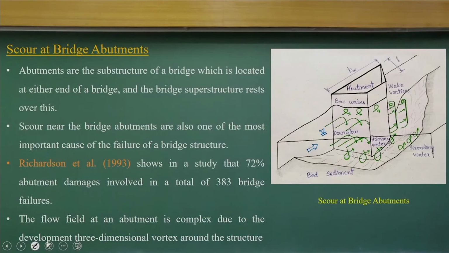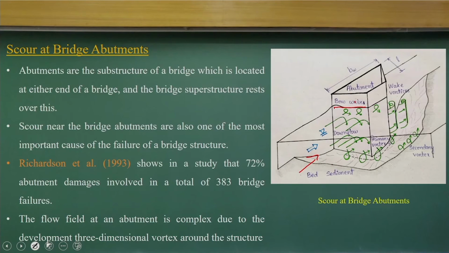Let us come back to the scour at the bridge abutments. You know the abutment will be there in a bridge, and scour happens at the bridge abutment locations. If you try to understand the flow behavior, if I have the left bank or right bank abutment, as the flow is coming, there will be a stagnation point, and because of that there will be a change of velocity.